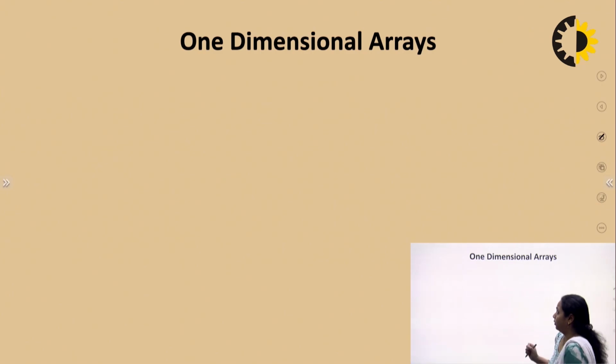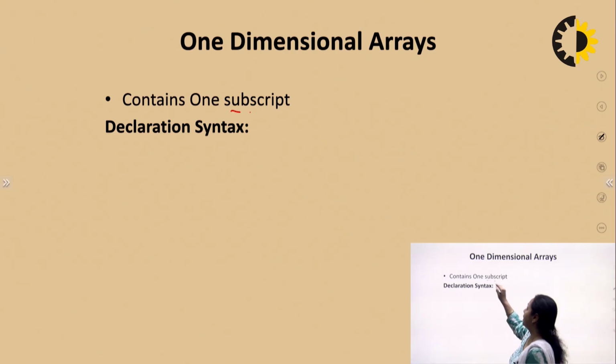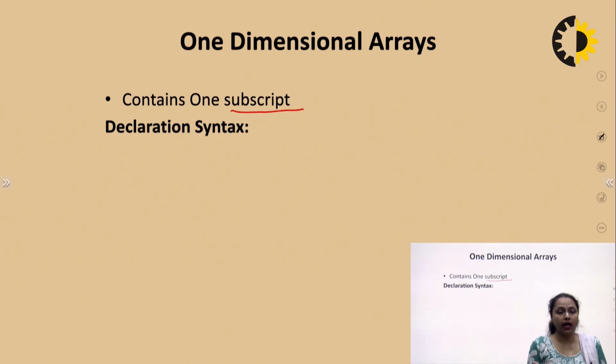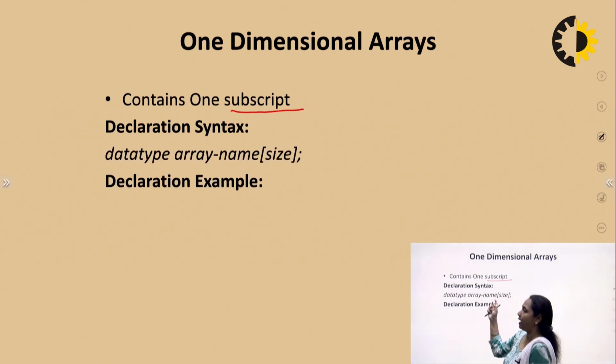Now, one-dimensional arrays. What are one-dimensional arrays? Only one subscript is taken, which means only one square bracket is allowed while declaring an array. For example, the syntax is data type, array name, and size.